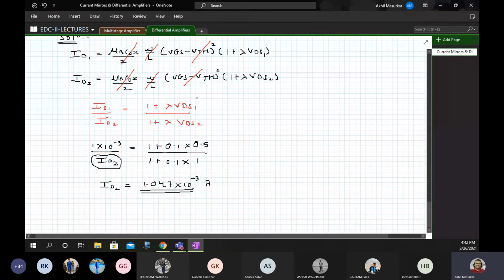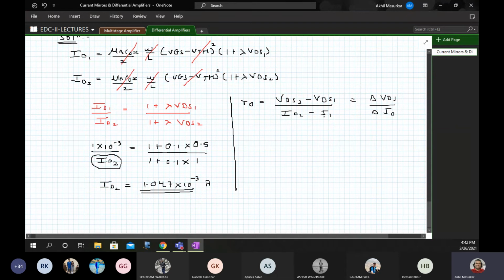Correct. Now they have told us to calculate output impedance, so that is R0. So R0 is the change in VDS upon change in ID, that is basically delta VDS upon delta ID.